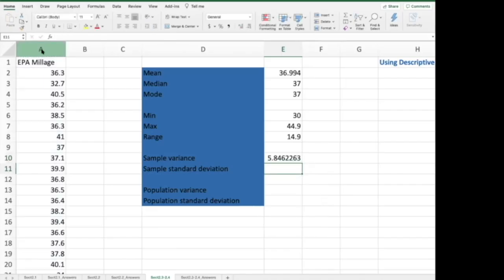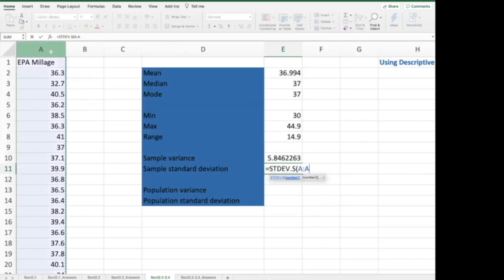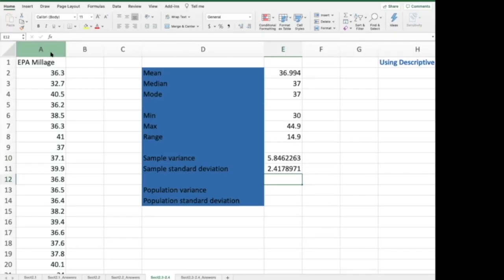The sample standard deviation is equal to STDEV, and you have P and S. This is a sample, so you will choose .S, select the data, and then enter. Yes. Sample variance is just what's inside the square root, right? Yes, the standard deviation is the square root of the variance.